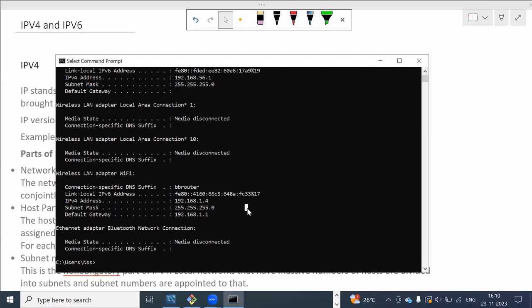You can communicate between these two using this local IP address. What if I want to communicate with my laptop using the internet and I want direct network communication? I don't want to use WhatsApp, Facebook, and so on.